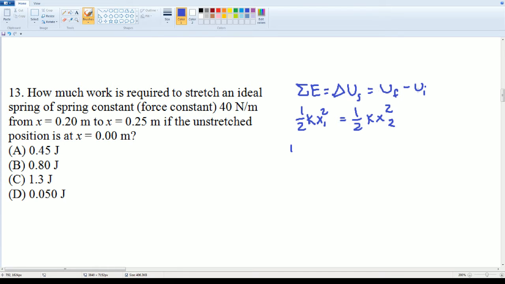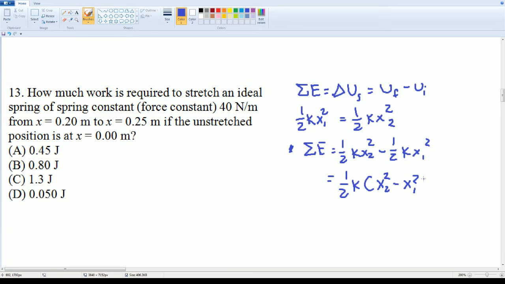Do you see that? So its final was x2. Delta E is equal to 1/2 kx2 squared minus 1/2 kx initial squared. In short, 1/2 k times (x2 squared minus x1 squared) will get you your energy.